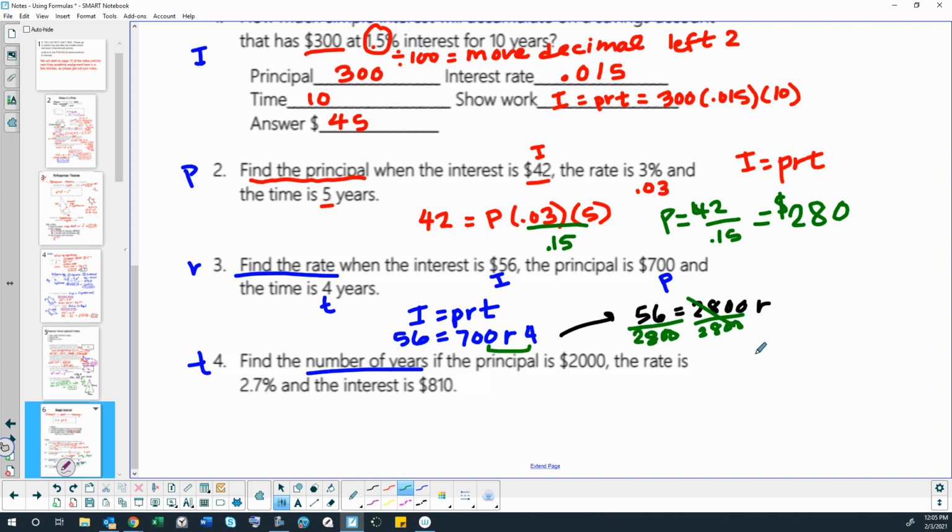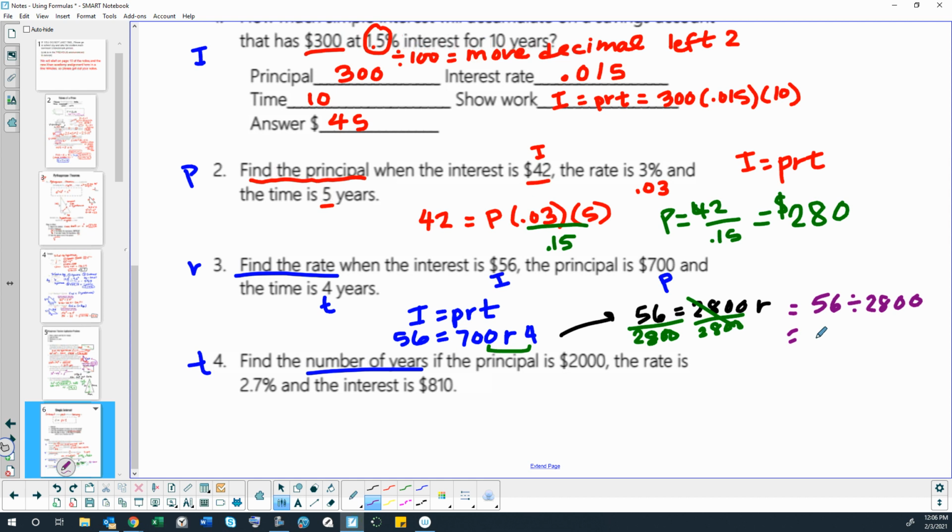So that literally just turns into 1. You don't actually have to do anything with that. So what you're doing in your calculator is you're plugging in 56 divided by 2,800. Okay, so I'm going to do that in my calculator. It's going to give me a decimal because 56 is a lot smaller number than 2,800 is.